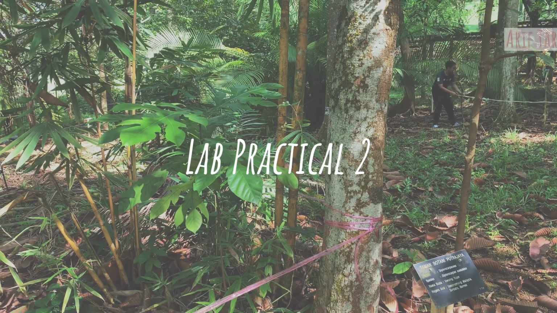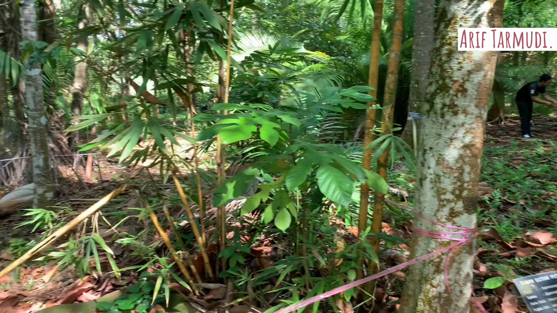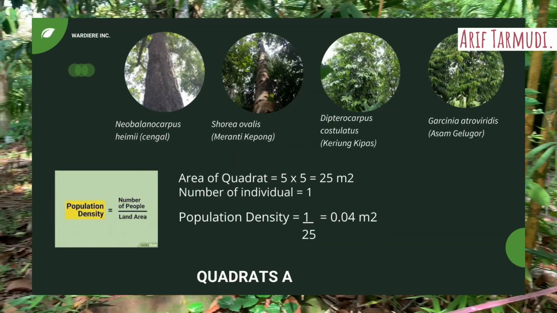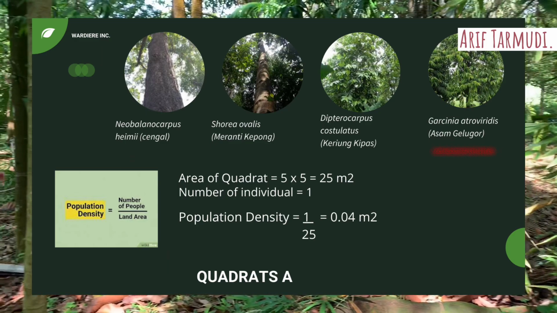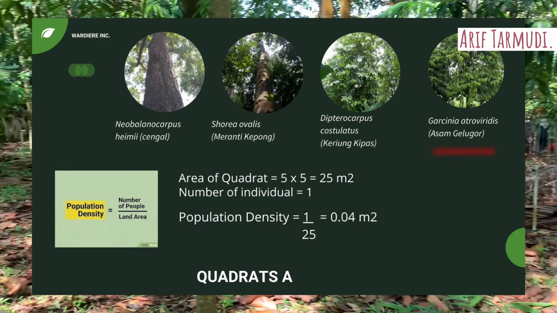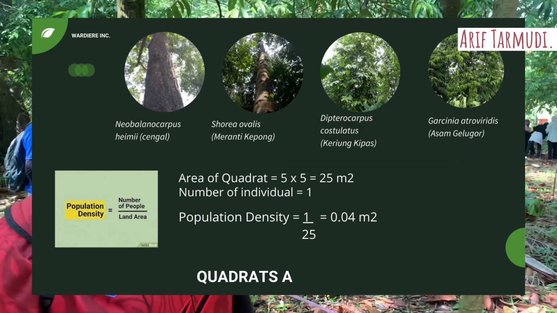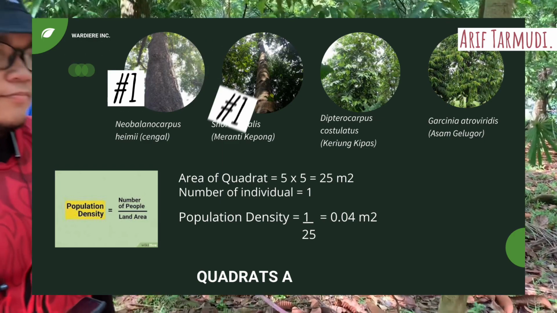Let's move on to practical 2. We have done 2 quadrats. In quadrat A, we have a lot of various trees. For example, we have the Garcinia acronividis, which we call asam gelugo, or the Shorea ovalis, which we call meranti kepung. Each organism or individual is one only.